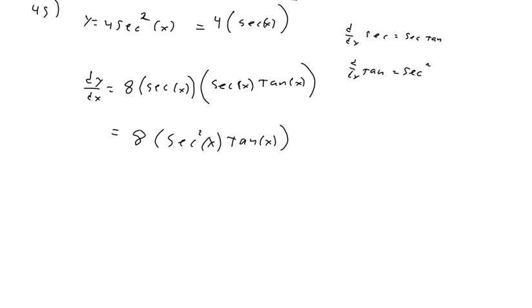You could change the secant into 1 over cosine, and the tangent into sine over cosine. I guess you could have 8 sine x over cosine cubed of x if you really wanted to. That's also equivalent, but it's up to you. But this is probably fine.